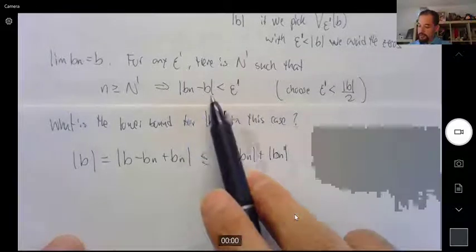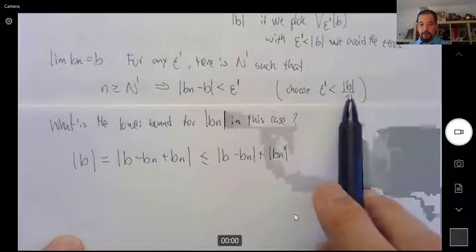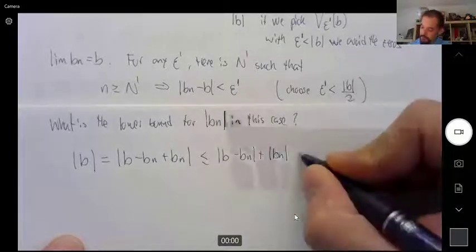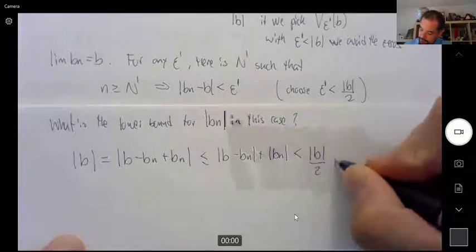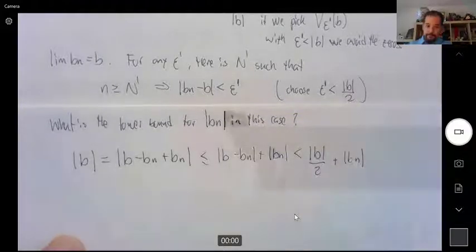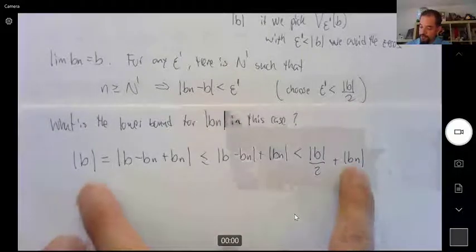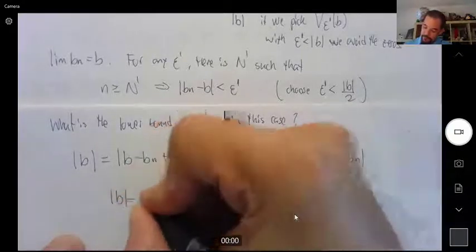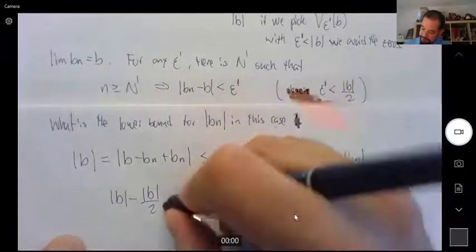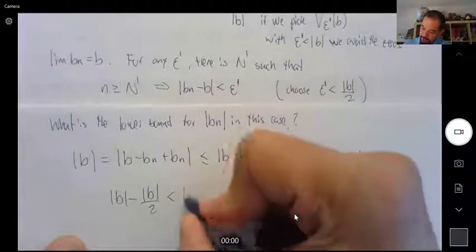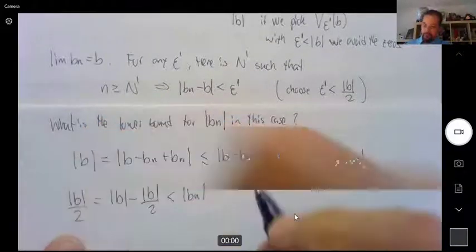So this Bn minus B is less than epsilon prime. And this epsilon prime is less than the absolute value of B over 2. So this is less than the absolute value of B over 2 plus the absolute value of Bn. And then if you look at these two, what you get is that the absolute value of B minus B over 2, which is the absolute value of B over 2, is less than the absolute value of Bn.